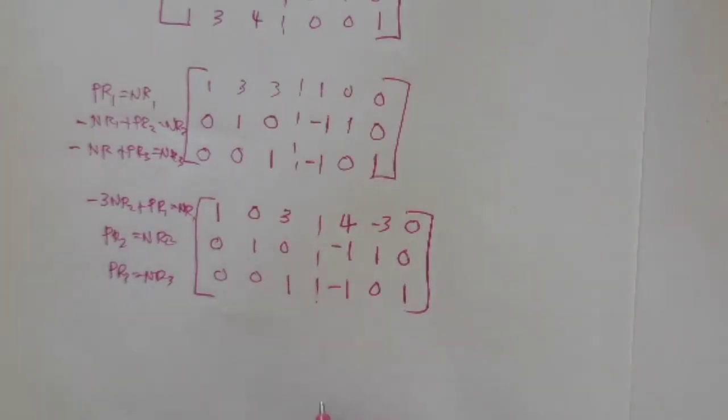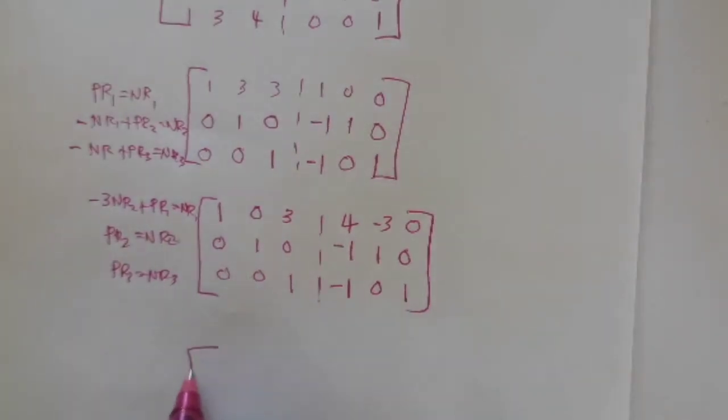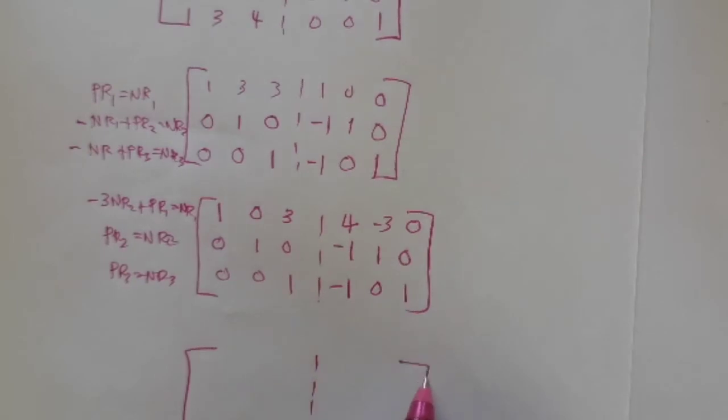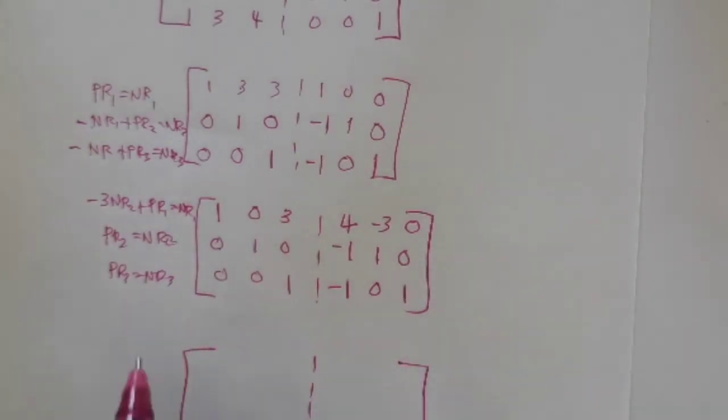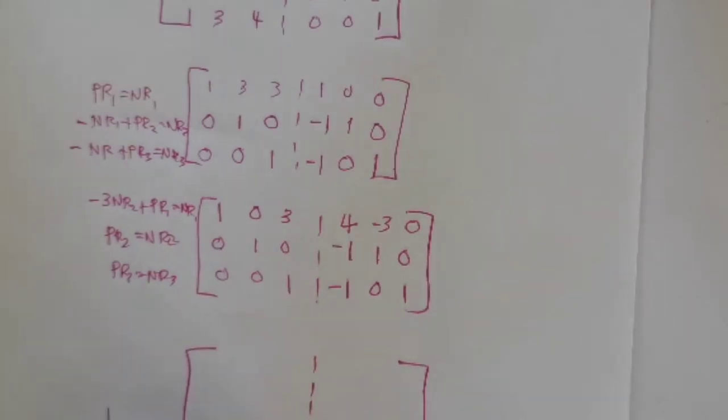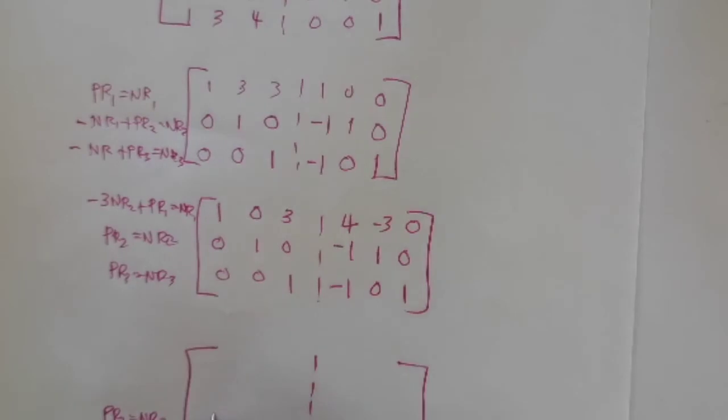Next, as you can see, we need to just copy the entries for row 3. So we have previous row 3 equals new row 3. So we have 0, 0, 1, negative 1, 0, 1.